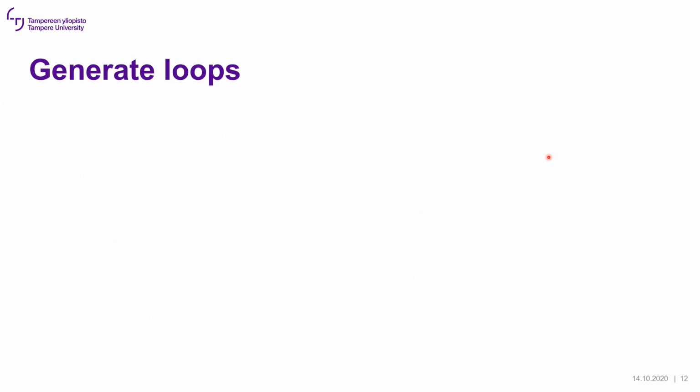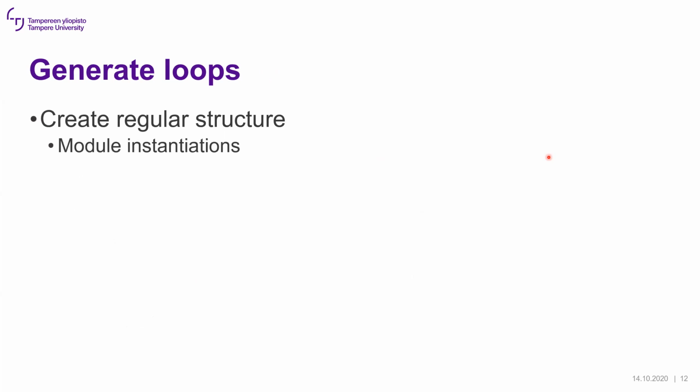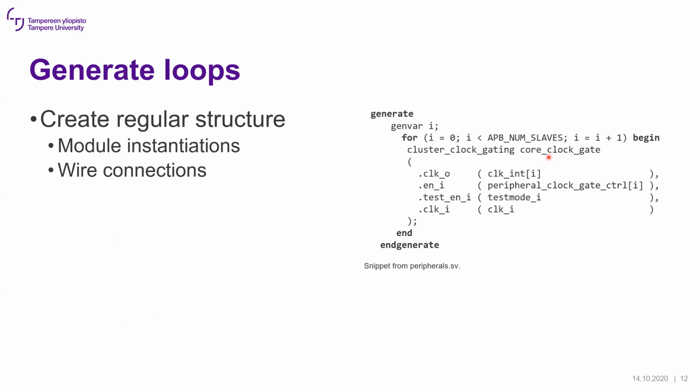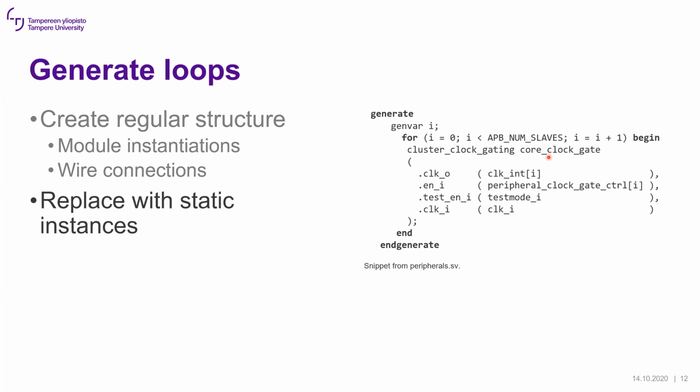Another problematic structure is generate loops, where we want to create regular structure, such as module instantiations or wire connections. An example is given on the right. In IP-XACT, we just have to replace these with static instances.